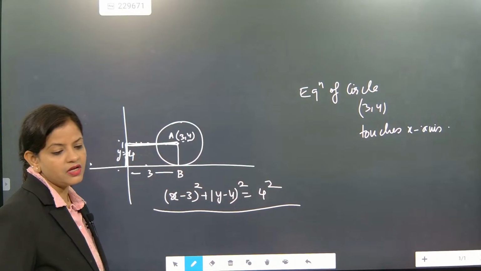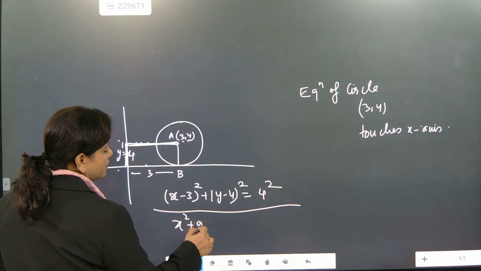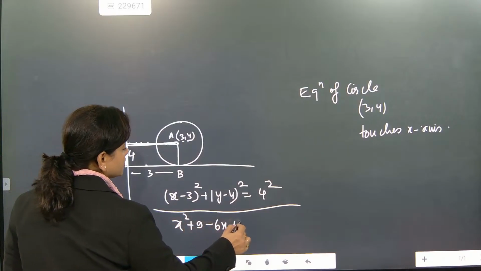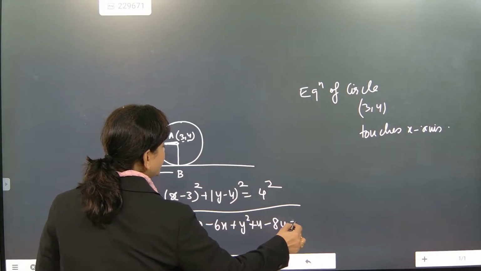After this, the general equation. So this is x square plus 9 minus 6x plus y square plus 16 minus 8y equal to 16.